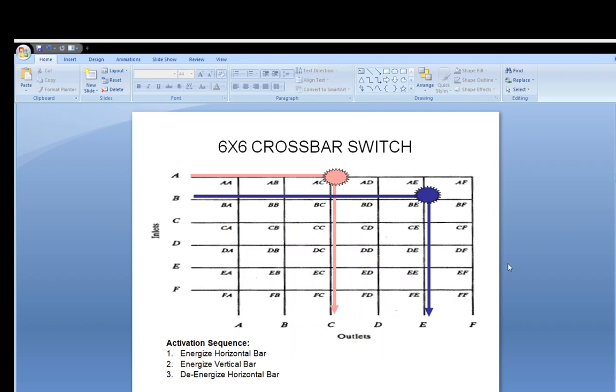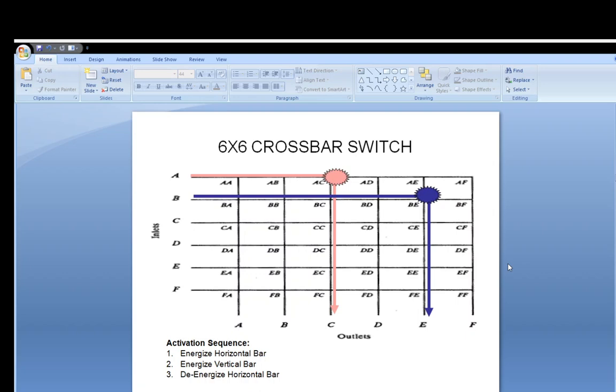The next point that we are going to discuss is very important. What should be the procedure to set up a call between two subscribers? It was decided at that time that to set up a call, the horizontal bar should be energized first and then the vertical bar should be energized, and only then is the call set up between the subscribers assumed.